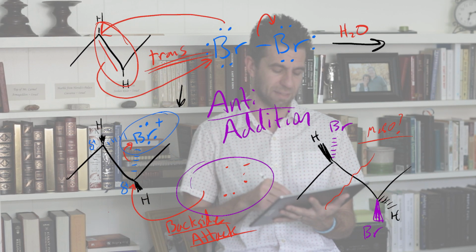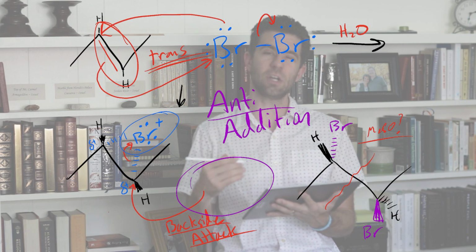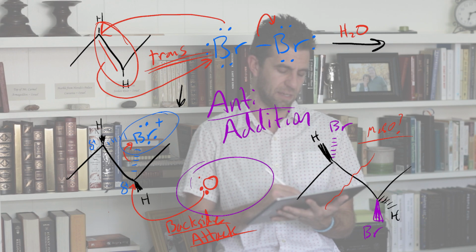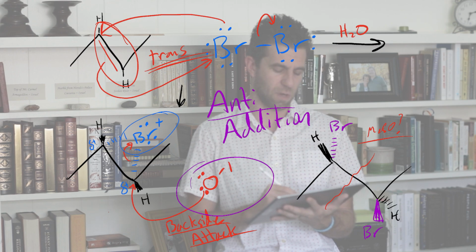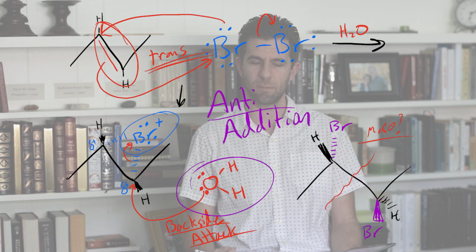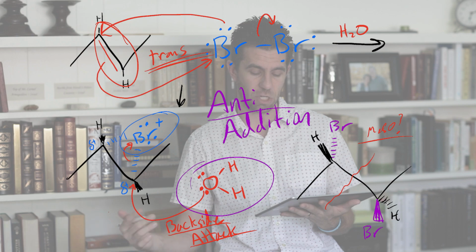We could have bromine backside attack. But don't forget, we have another really good nucleophile around. We have water because it has these electrons hanging off on one side, a nice dipole for us to attack with. What this would lead to is the exact same anti-addition.